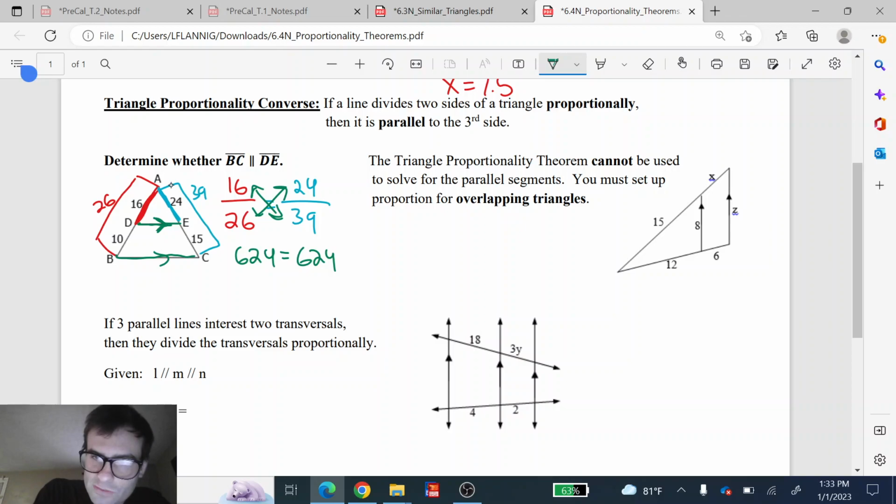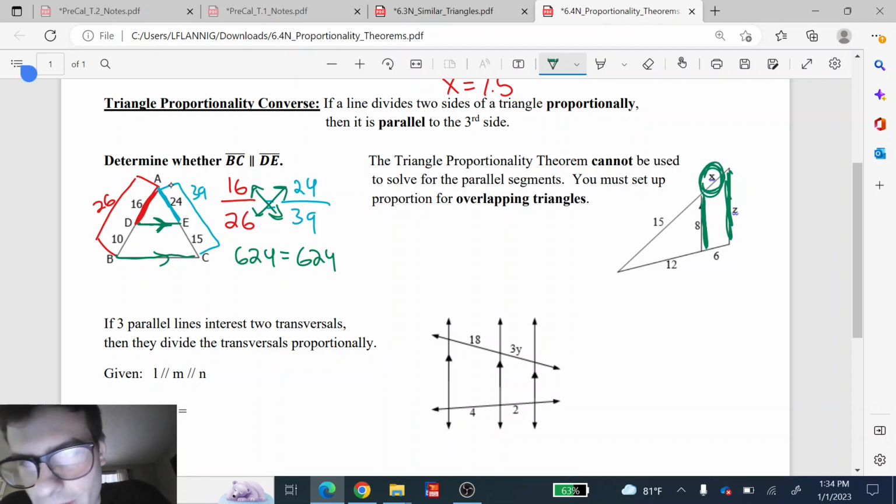So you can't just find Z with 8 and Z. You have to find X first, this X right here. Again, you can't just find Z with this triangle proportionality; you have to find X.